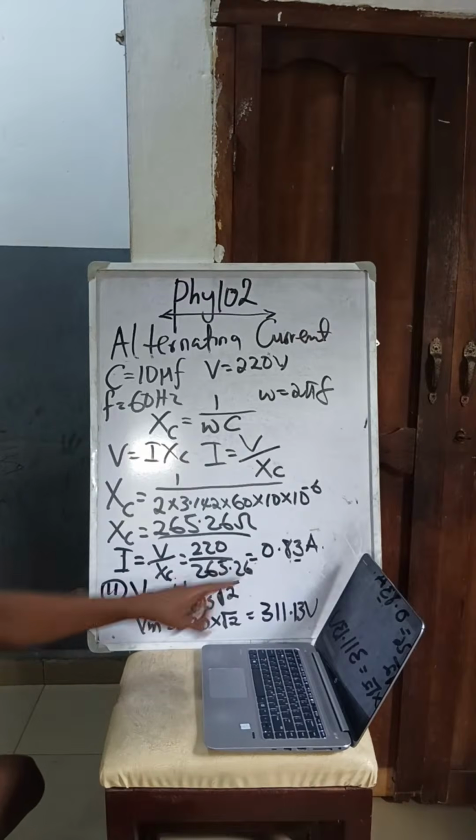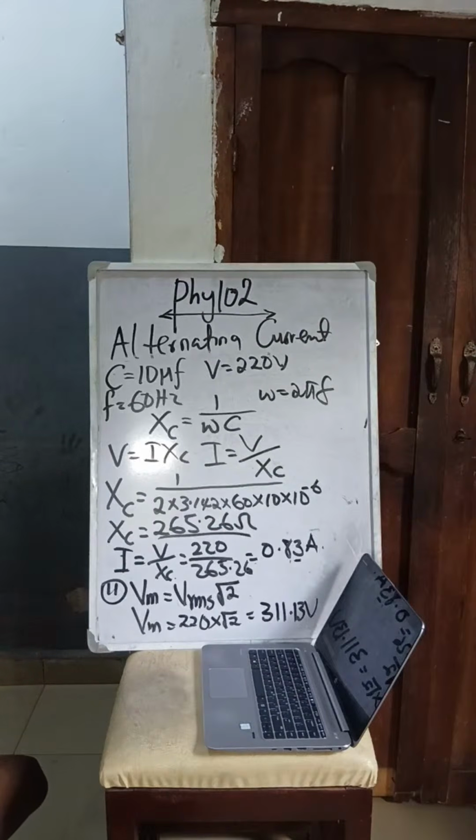I is equal to 0.83, Vm is equal to 311.13. You are asked to find just the root mean square current, not peak current.